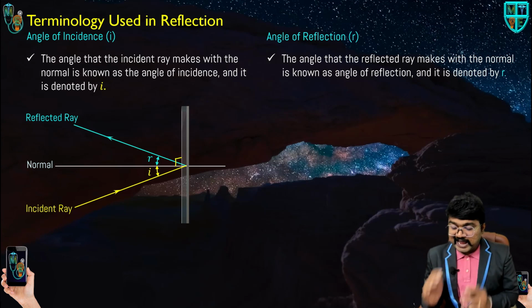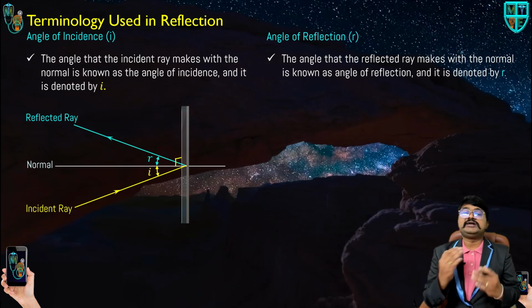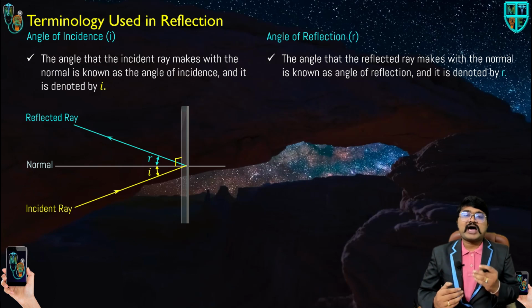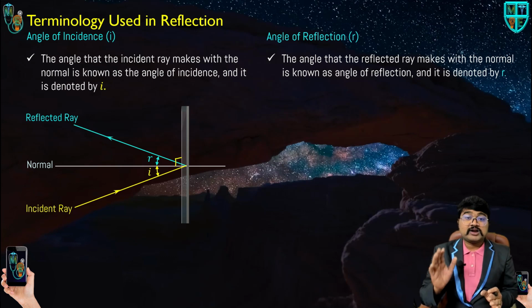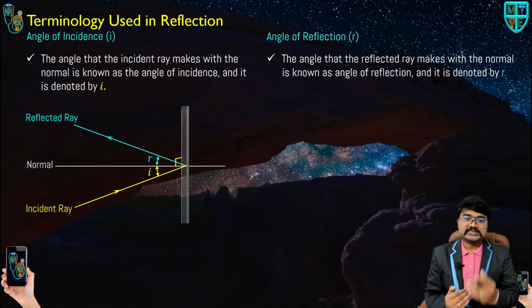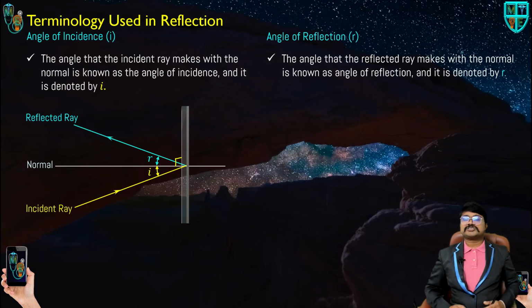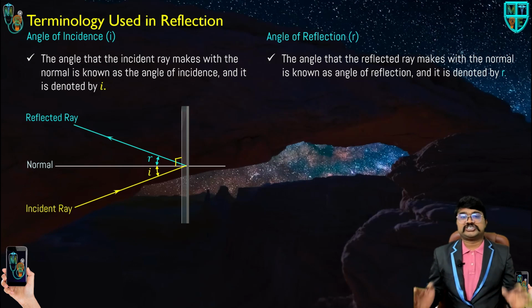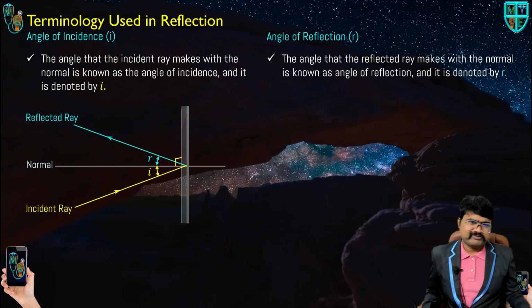The angle that the incident ray makes with the normal is known as the angle of incidence, and it is denoted with I. The angle made by the reflected ray with the normal is the angle of reflection, denoted with R. Both are very, very important.